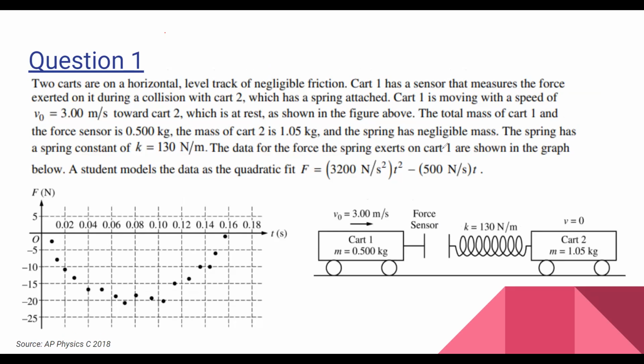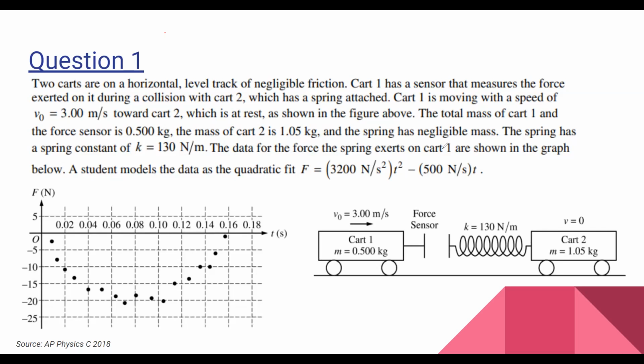The total mass of Cart 1 and the sensor is 0.5 kilograms. The mass of Cart 2 is 1.5 kilograms, and you don't have to consider the mass of the spring. The spring does have a spring constant k of 130 newtons per meter. That's basically the elasticity of the spring: how well does the spring bend with respect to force?